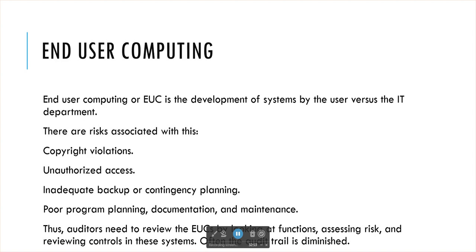Once the purchase decision is made, that's their decision, and they think, well, I'm done. But no, that's not the end of it, because when you look at it holistically, you have to realize there's an audit trail, there's a number of steps that go along. So this is a problem when you have end user computing, versus having a comprehensive IT department that's going to develop an overall system to handle your AIS.